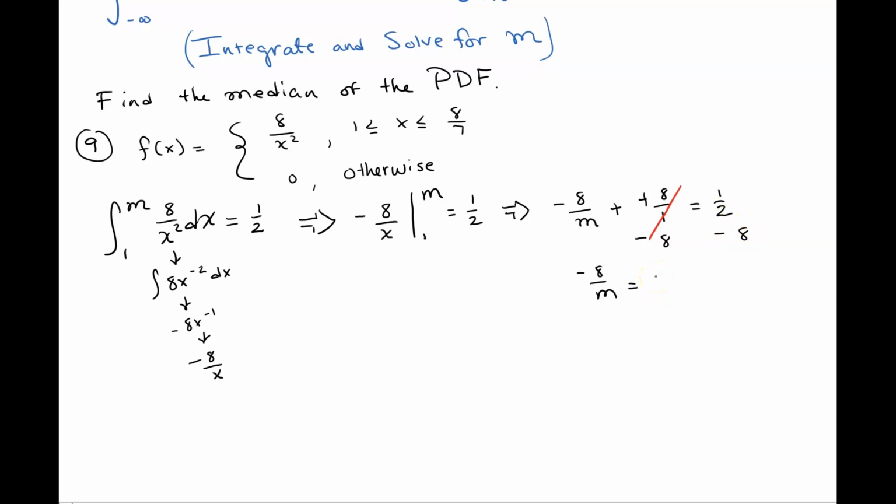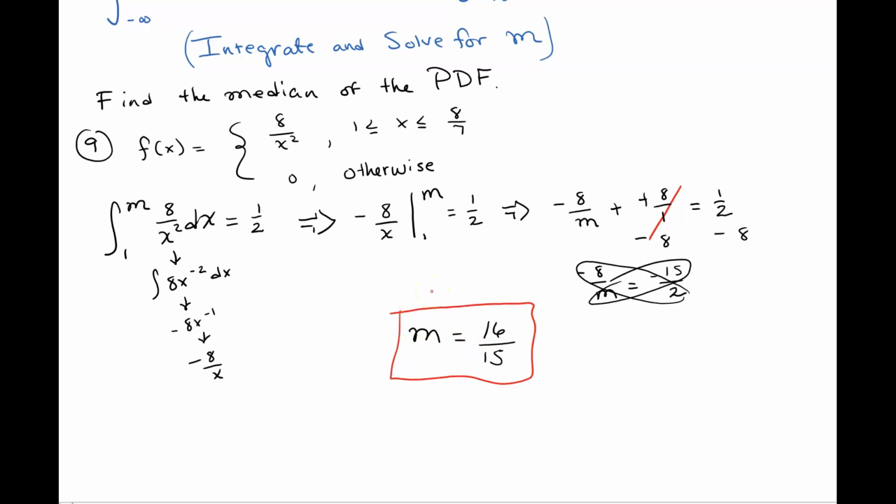It's -7.5, so I'm going to write it as -15 over 2. And then my job is to solve for m. Because I'm dealing with a negative and a negative, my answer is going to be positive. So basically, I can cross multiply and divide, and I end up with m equal to 16 over 15. I'll leave you to figure that out for yourself, but it's really not that hard to understand.